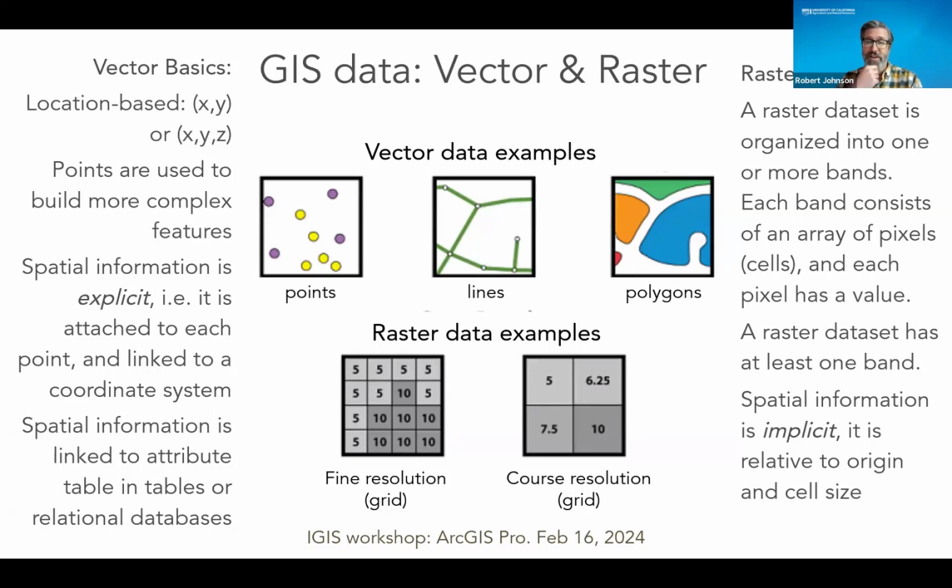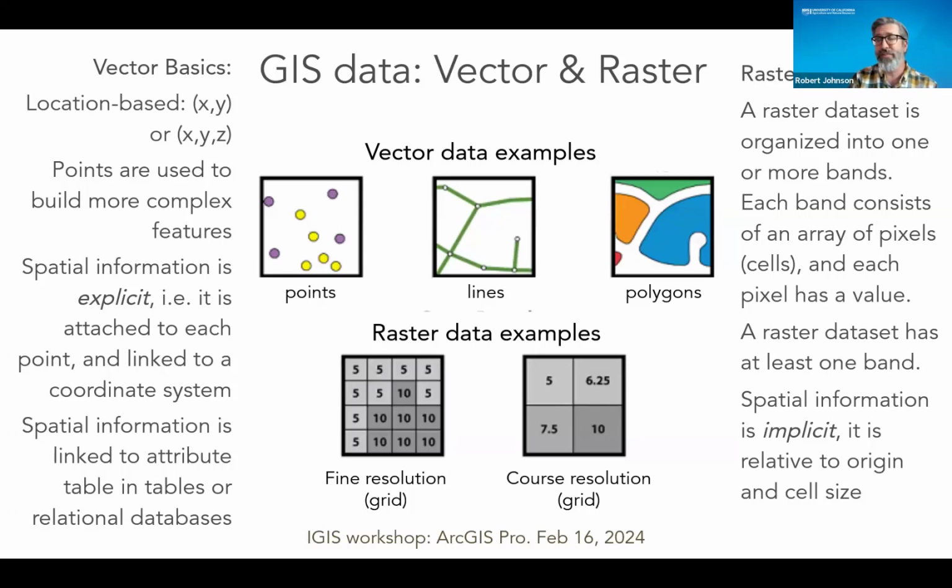It can be very fine scale, where you're almost getting down to the point level that you would get in a vector data set, or it can be a very coarse, wide-ranging data set. You can have one band or multiple bands, which is essentially multiple layers of these grids stacked on top of each other, containing different values.